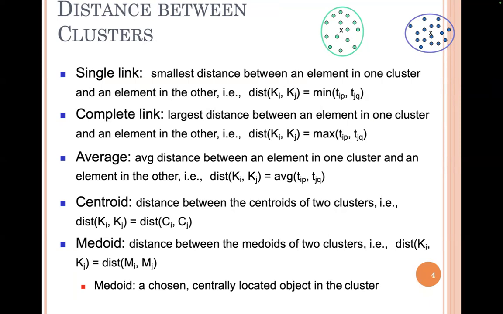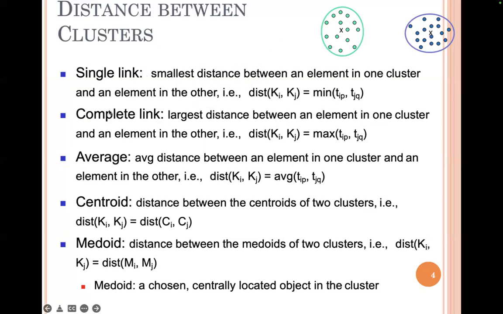Like see, distance between Ki and Kj, minimum of tip and tj. So the smallest distance is known as the single link. Smallest distance between any one element of one cluster and an element in the other cluster is known as the single link.